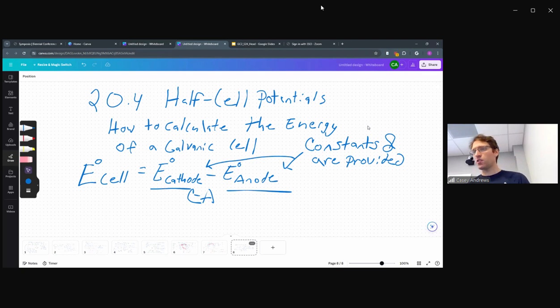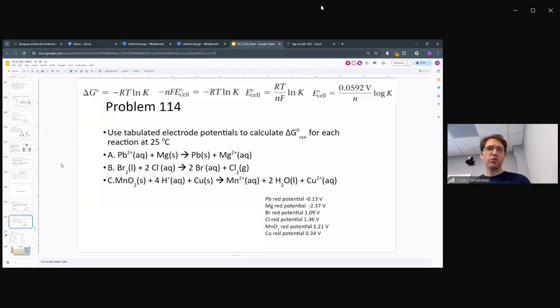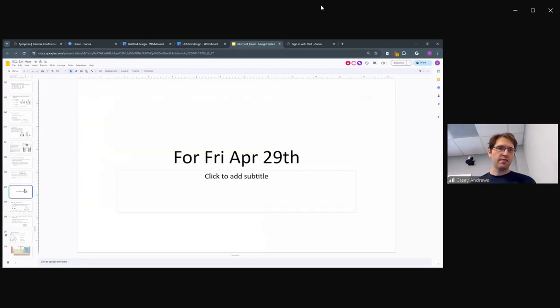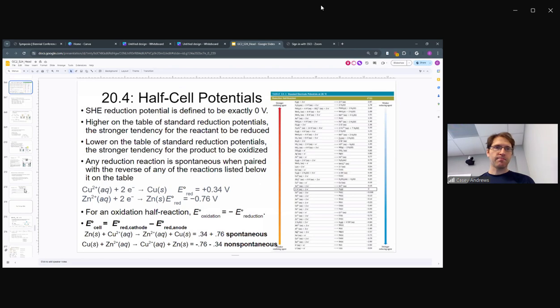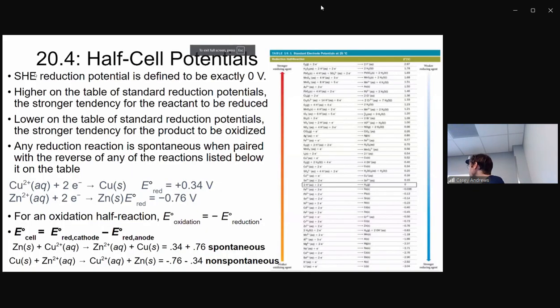And so let me go to, what slide am I on? I'm on 266. So let me go to slide 266 to show you what I'm looking at. So this table, this blurry table on the right, is from your book.